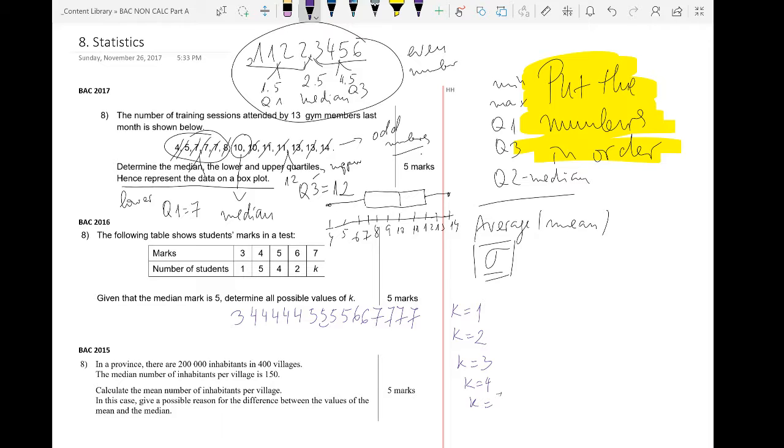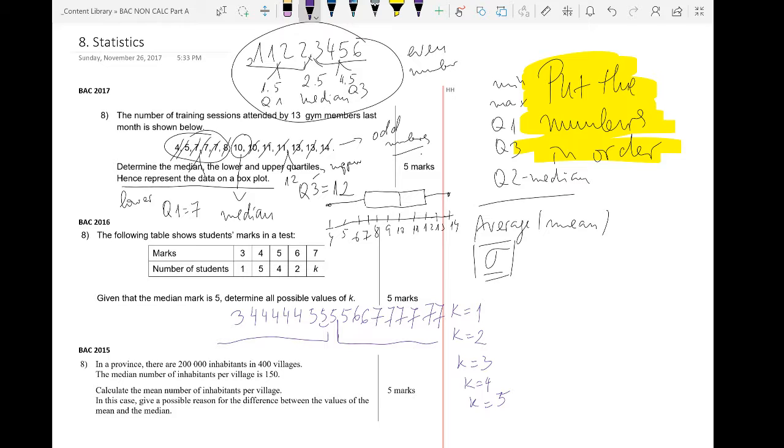When k is 5, then we have 3 5 7 9, 3 6 8. We have 8, 4 and 4 is 8 up to here. 2 4 6 8 is here, so we still have median 5.